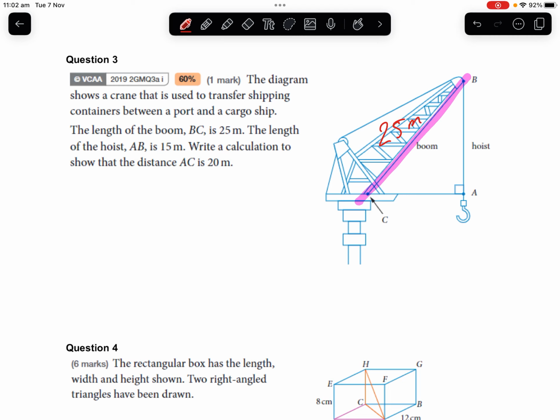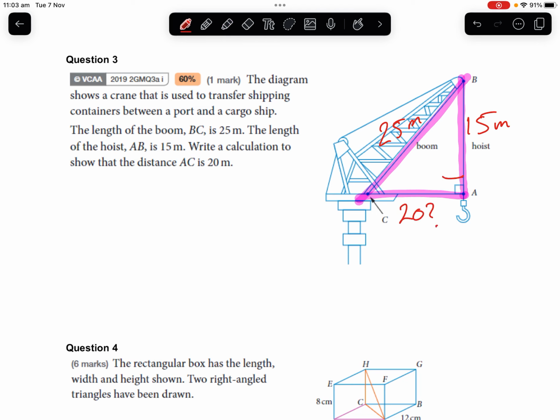The length of the hoist AB is equal to 15. AB is this one right here, and that is equal to 15. Write a calculation to show that the distance AC is 20. So AC is here, and supposedly that is equal to 20.